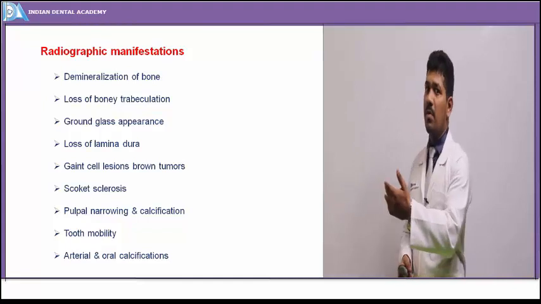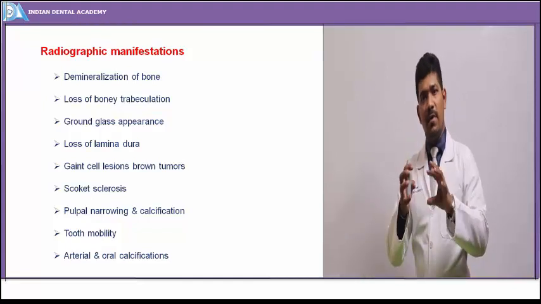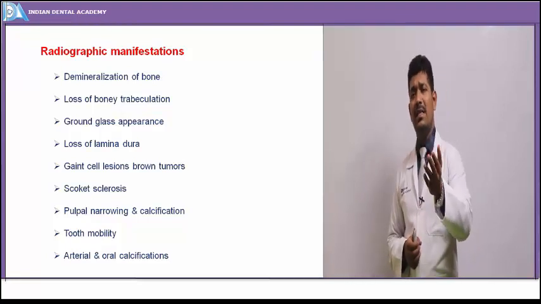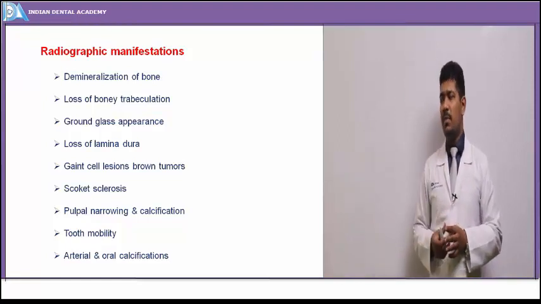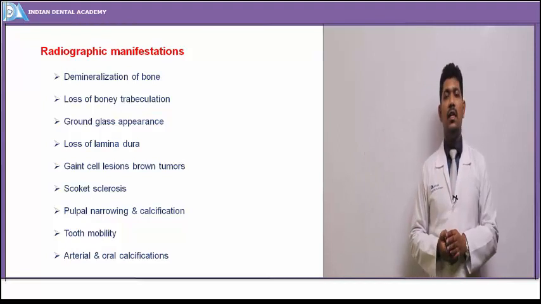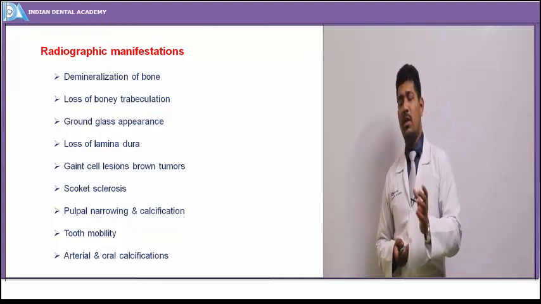We have a ground glass appearance, which is a severe kind of loss of trabeculae, wherein it becomes all fuzzy and the bony trabeculae can hardly be seen, a severe form of demineralization. There is loss of lamina dura, again because of the decrease in mineralization of the bony support of the teeth.